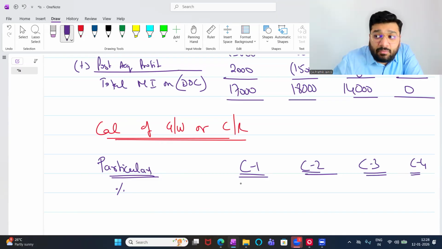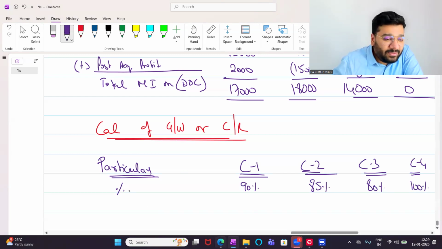Percentages, my dear, are of the holding company, so you have to put the holding's percentage, not the minority's. 90%, 85%, 80%, 100%. Very good.